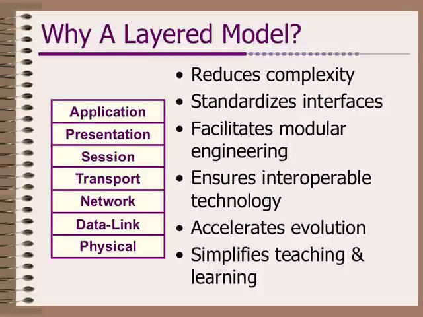So that's the goal of standardizing interfaces and even protocols on how we communicate, and then engineering these devices and allowing for backwards compatibility and moving forward with new technology. It also allows us to use this.